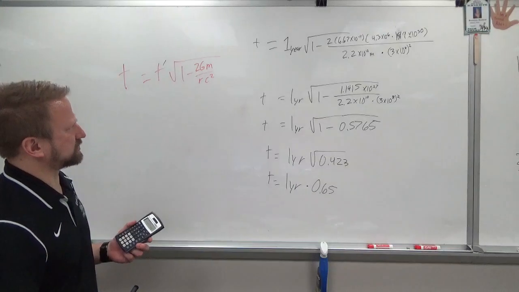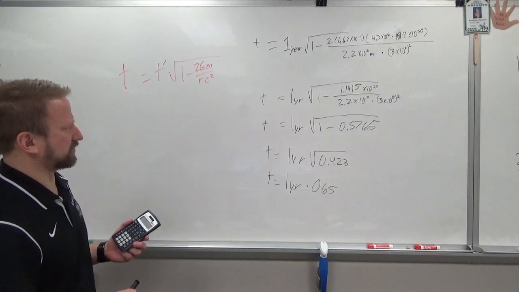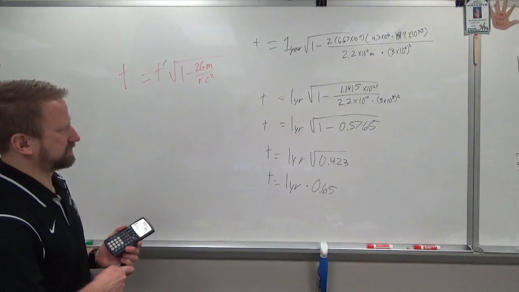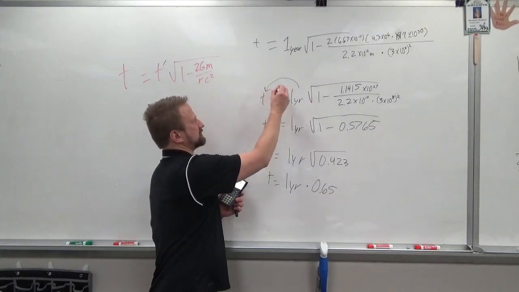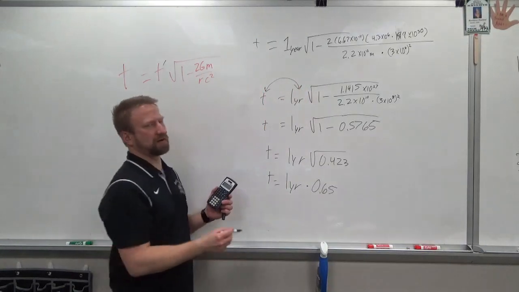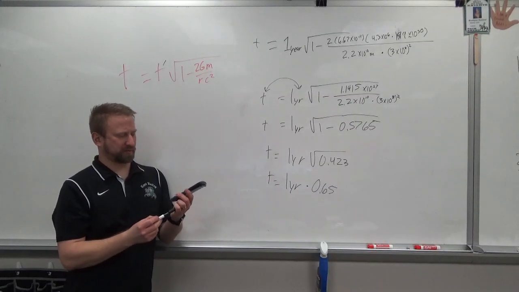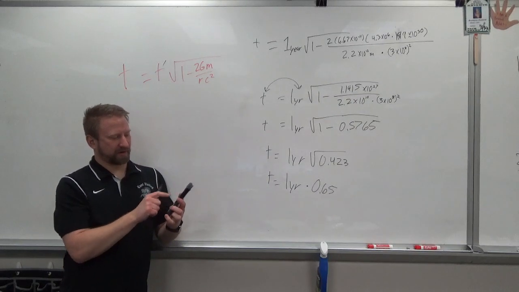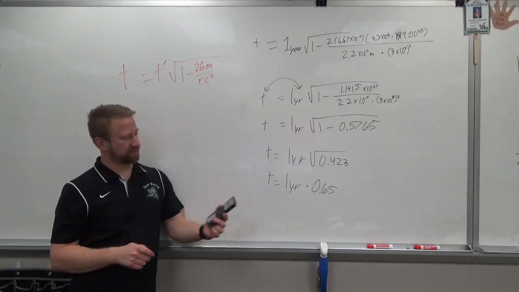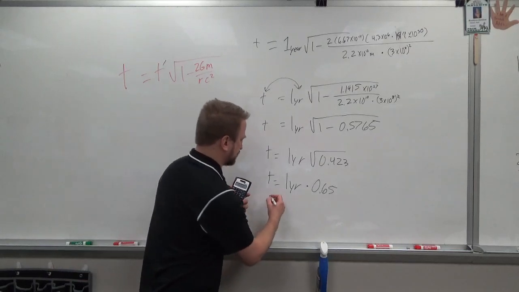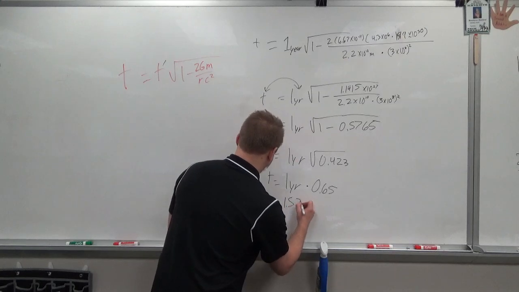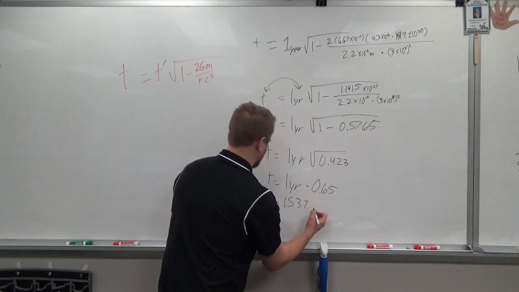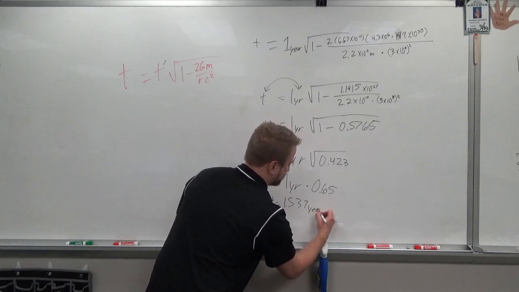These have to be switched. It's the only way this works. So this actually needs to swap places. I'm just using logic on this, so we should end up with 1 divided by our decimal here to get our time actually equaling 1.537 years.